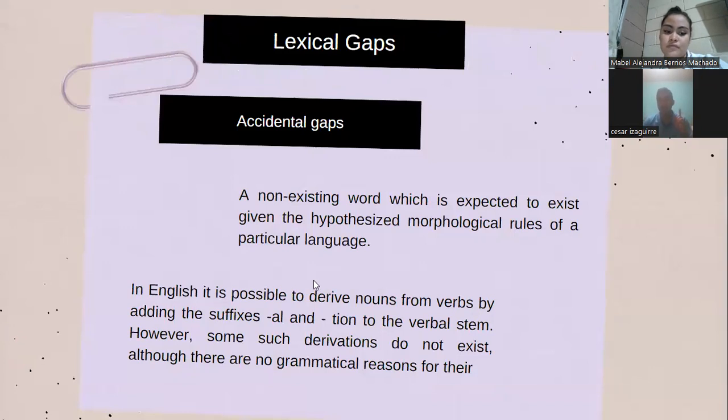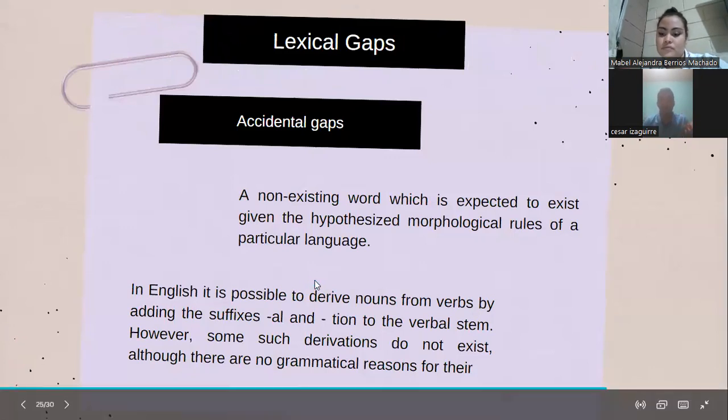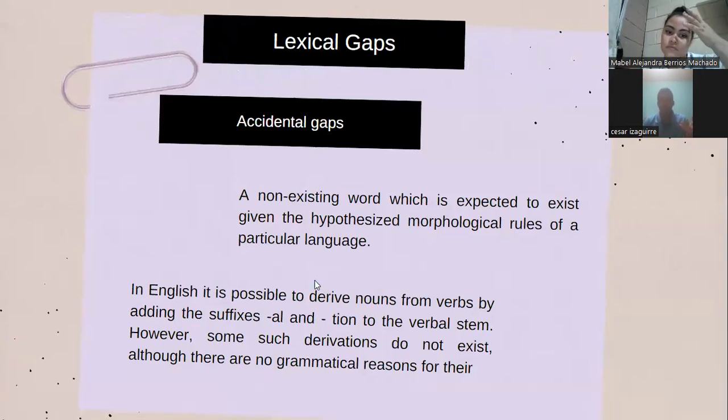In English, it is possible to derive nouns from verbs by adding the suffixes -al and -tion to the verbal stem. However, some such derivations do not exist, although there are no grammatical reasons for their absence.